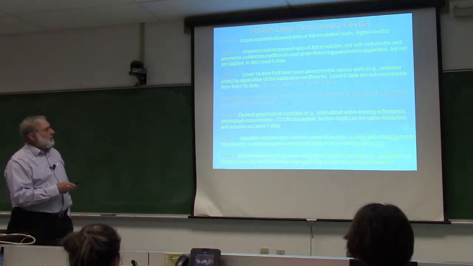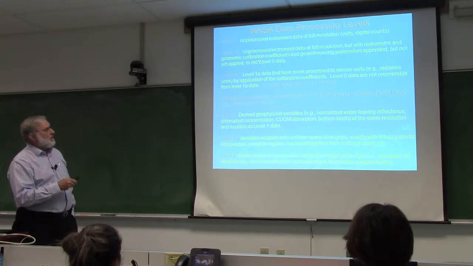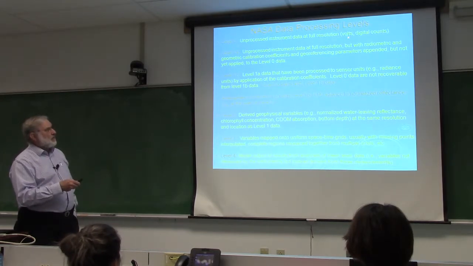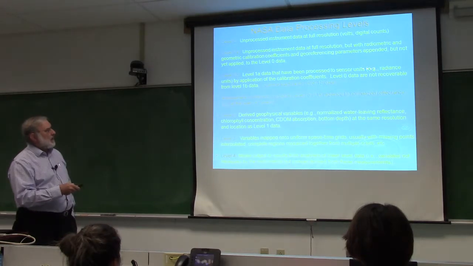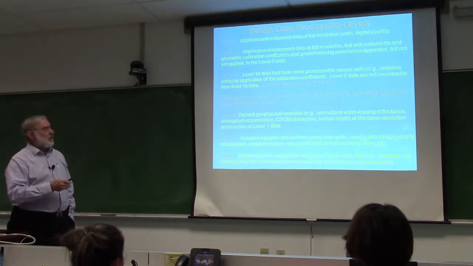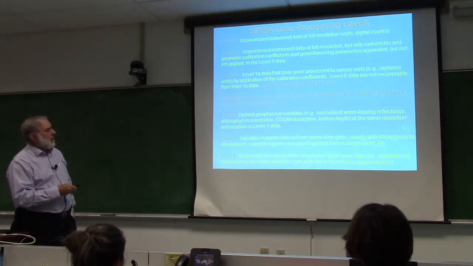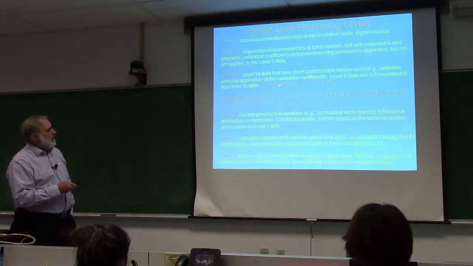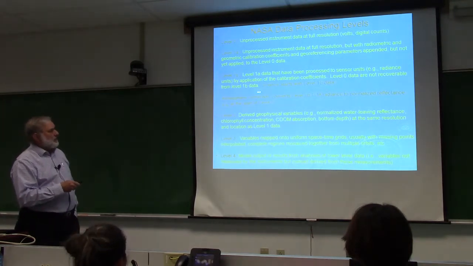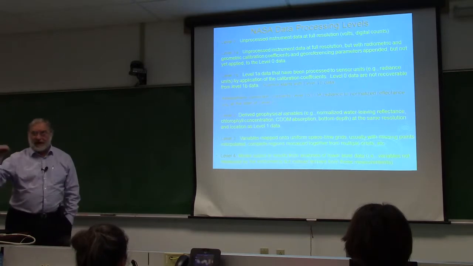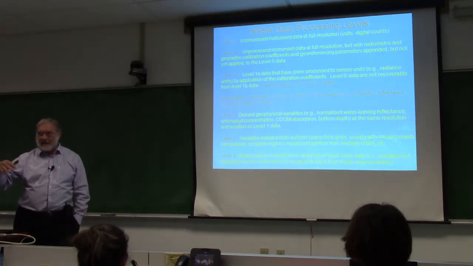And then level 1B is you actually take this appended information and use it to turn your digital counts or whatever it is into something like radiance units, which is what we really want to work with here. And so once you've done that, you can start doing science. So science begins with level 1B data.